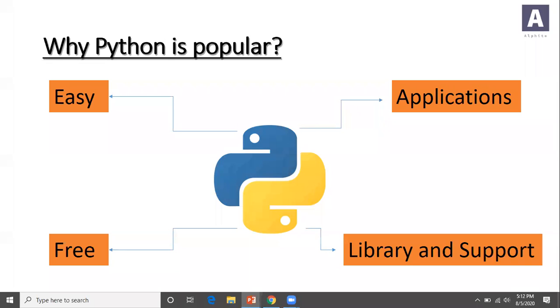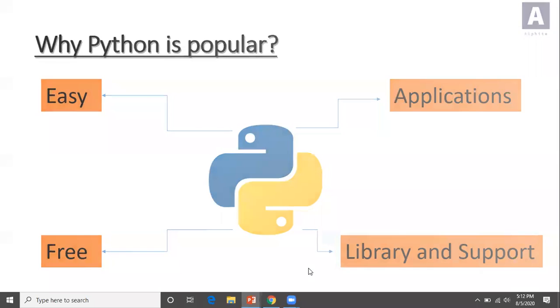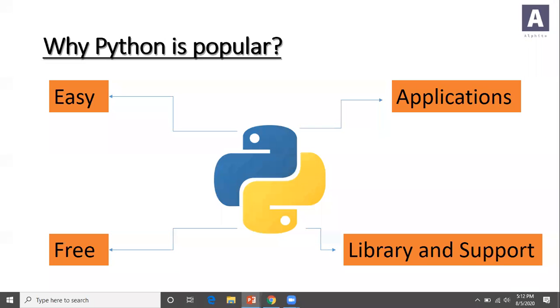The next thing is library and support. As I said before, the major reason why current programmers are using Python is its vast library and support. If you want to develop code, you don't want to start from the very basic scratch. You can take a library, some code which belongs to your application.